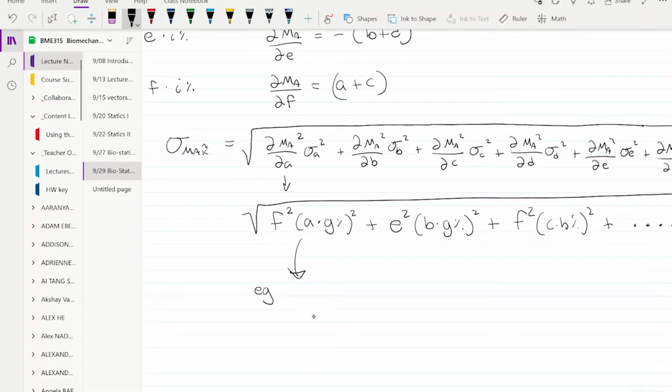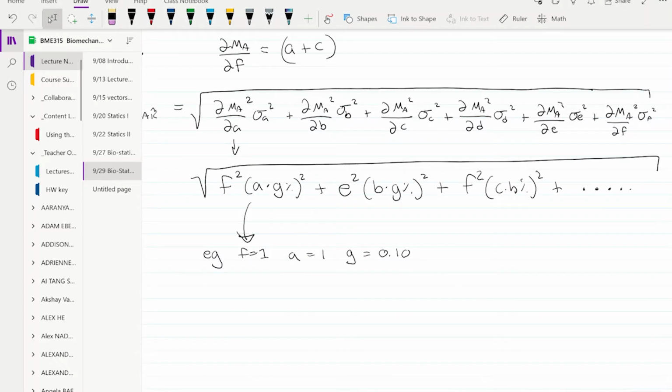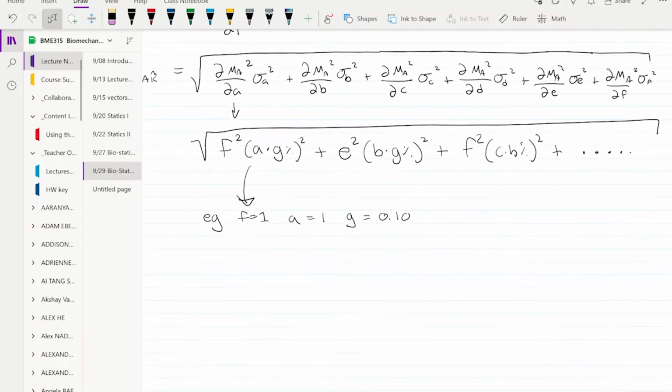Okay, F equals 1. I think A was equal to 1. And then let's say G is equal to 10%. So that's 0.10, right? So what do we do? It's going to be 1 squared times 0.1 squared. Cool?